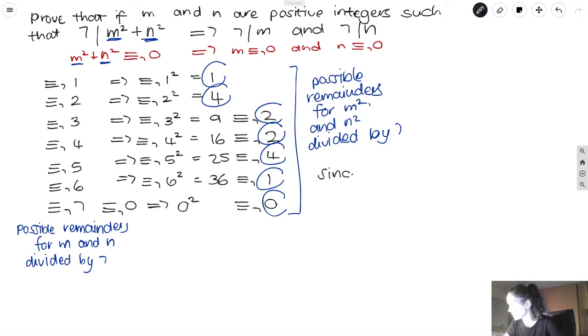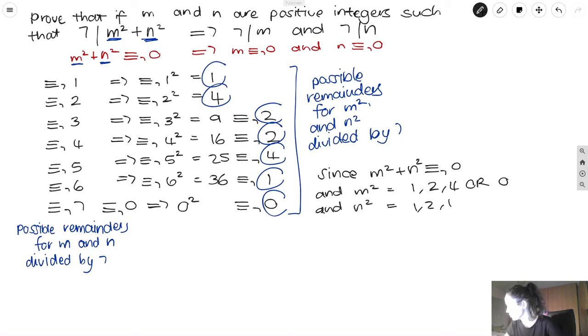So since m squared plus n squared is 0 mod 7, m squared is equal to 1, 2, 4, 4, 0, and n squared is equal to 1, 2, 4, 4, 0. So we've just reduced them since some of them appear twice.